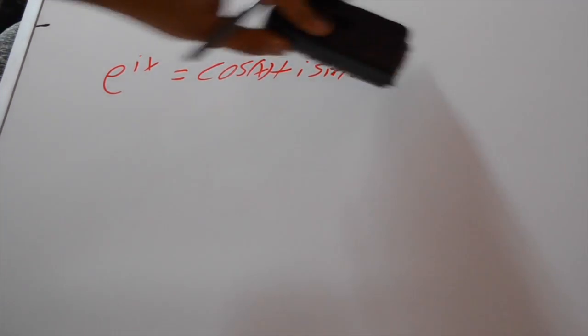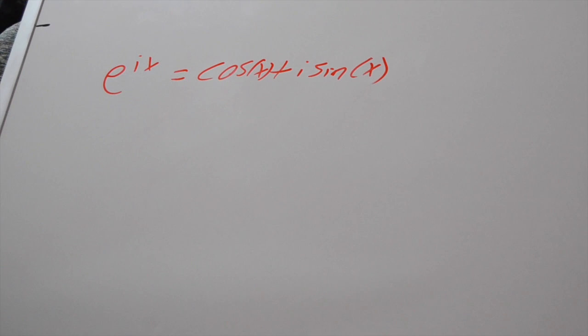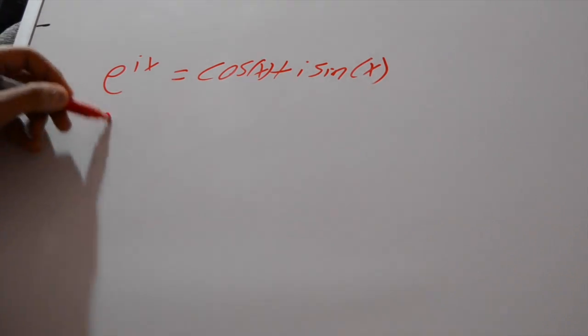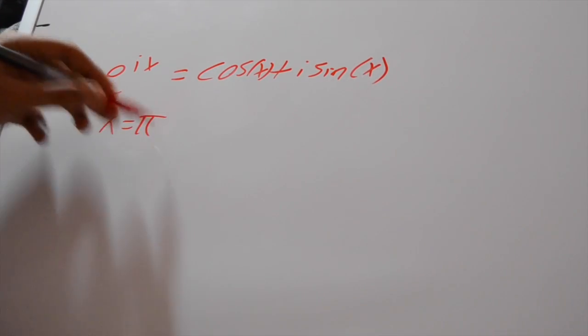So what we have here is Euler's identity, which is for complex analysis, and we can use this for any real number x. And when we use x equal to pi, there's a special case.